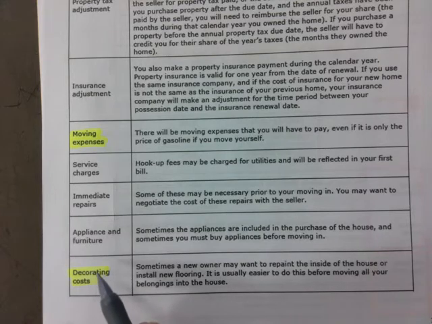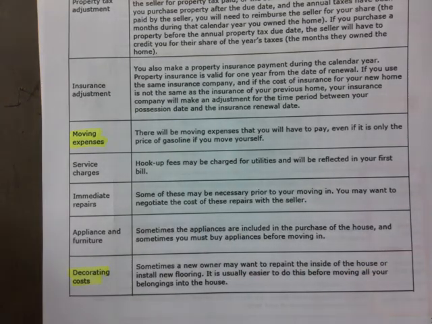Let me tell you something. I never thought about that until I bought my first house. Like, what? A couple $100 on curtains, right? And they weren't just any curtains. It had to be wife-approved curtains, right? And that's like a couple $100. So one more thing to take into account.